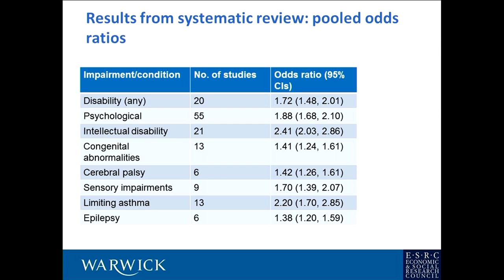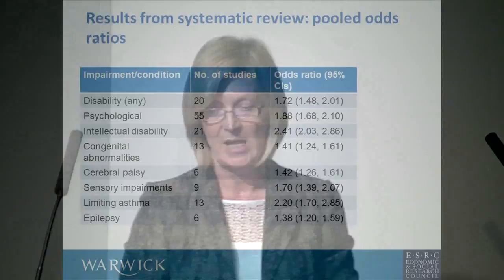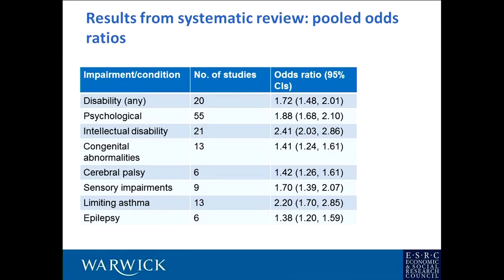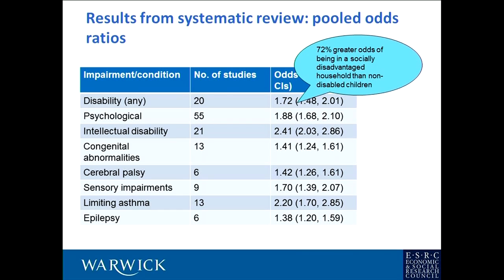We pooled the results from the individual studies in a meta-analysis so that it enabled us to look at the results across a number of studies. And what you can see is for many of these impairment groups, there's a very positive association with children who have a disability or are in a particular impairment group having greater odds of living in a socially disadvantaged household.